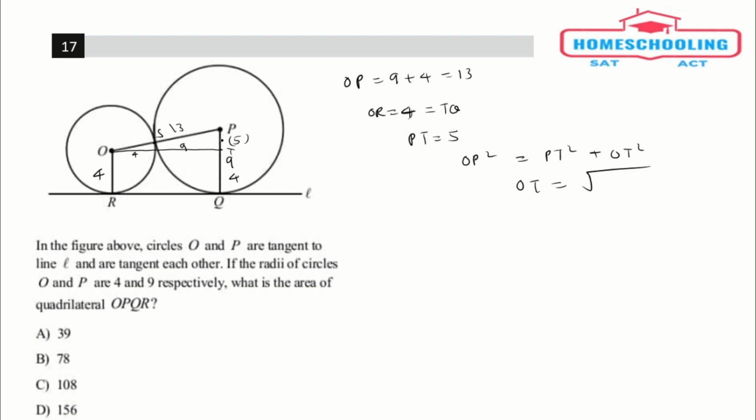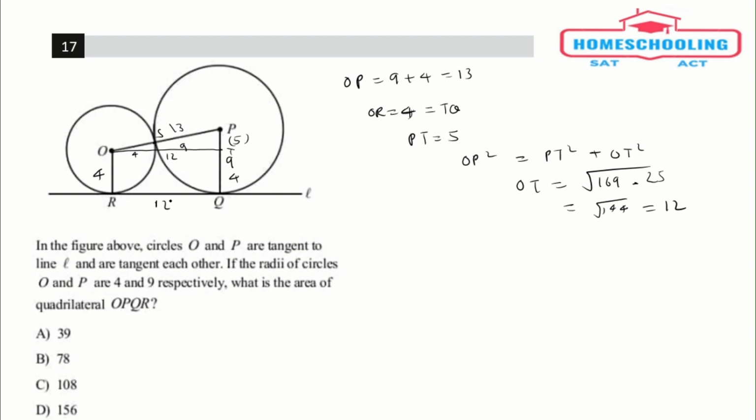OP square is 13 squared, so 169, and PT is 5, so 5 square is 25. So 169 minus 25 is 144, and the square root of 144 is equal to 12. So we know that OT is 12. Similarly, RQ will also be 12.